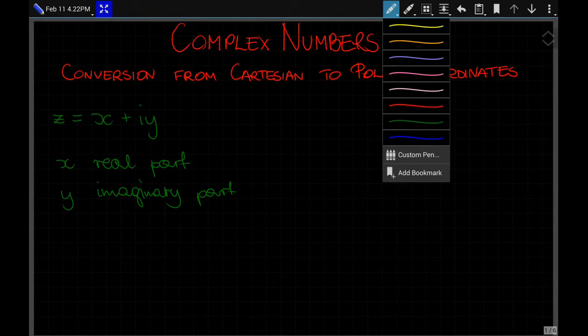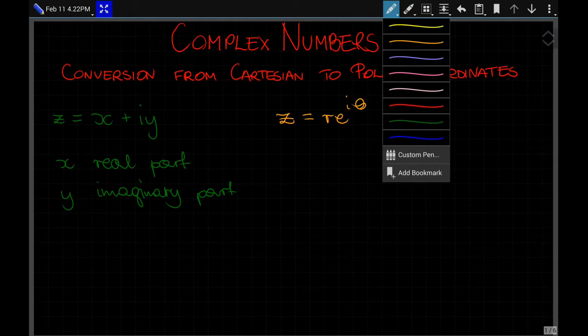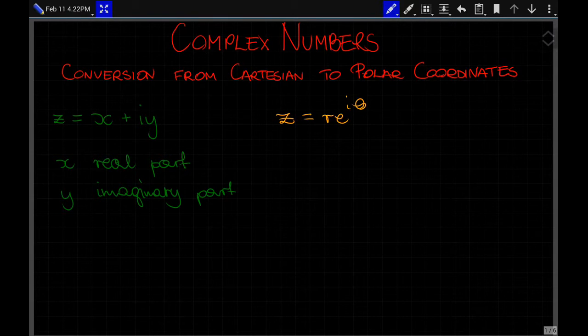And we want to convert it onto the polar coordinates to have it in the form z equals r e to the i theta. Now we need to know what r and theta are.